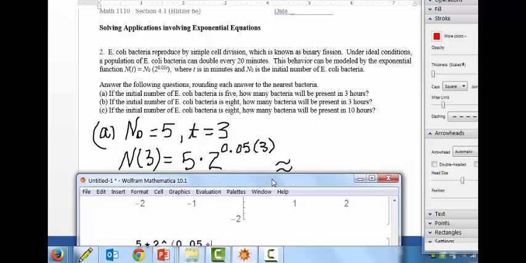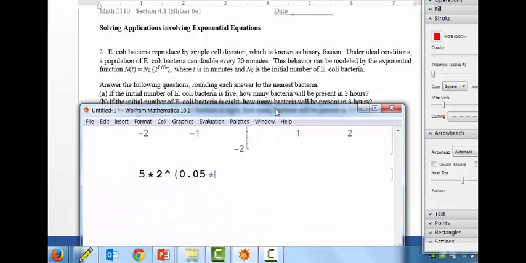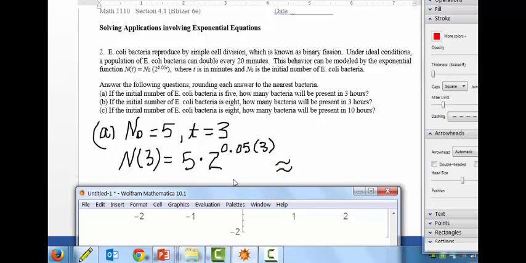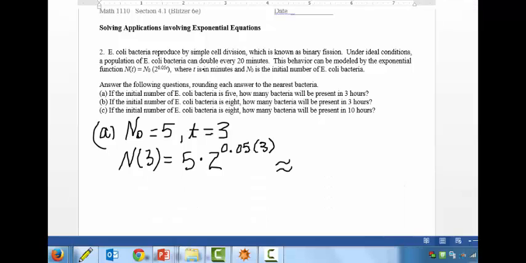Okay, so we're going to put in the values of the function, and notice that looking more carefully at the function, we see time has to be in minutes. So 3 hours is 180 minutes.